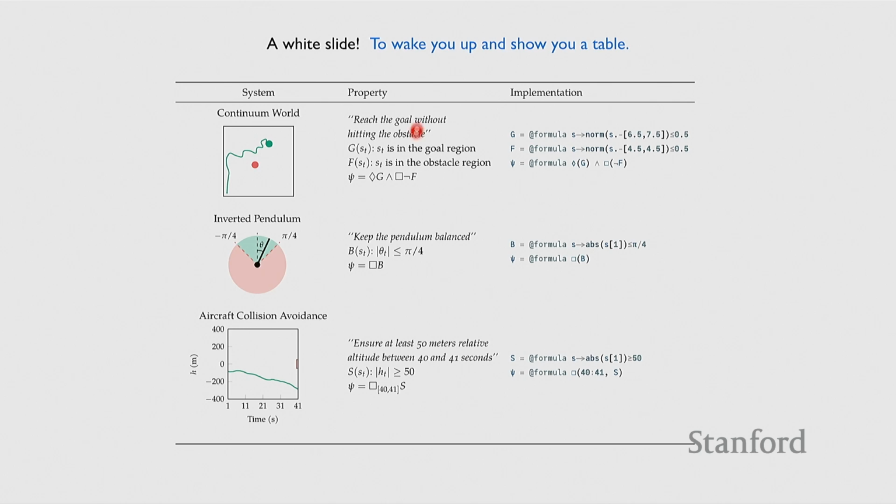So we want to say reach the goal without hitting the obstacle. Very similarly to what we defined earlier, we have a predicate for a state being in the goal, a predicate for the state being in the obstacle, and we say eventually goal and always not obstacle.